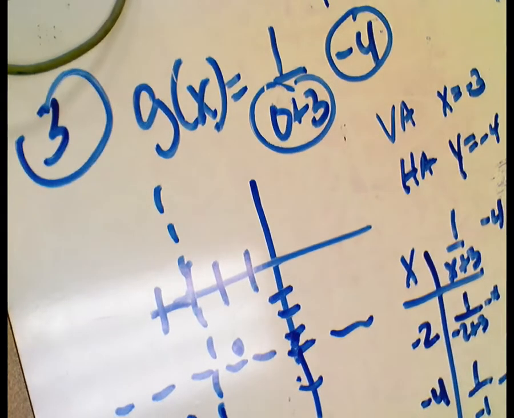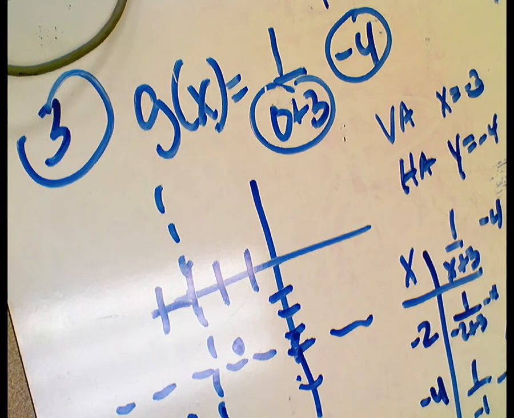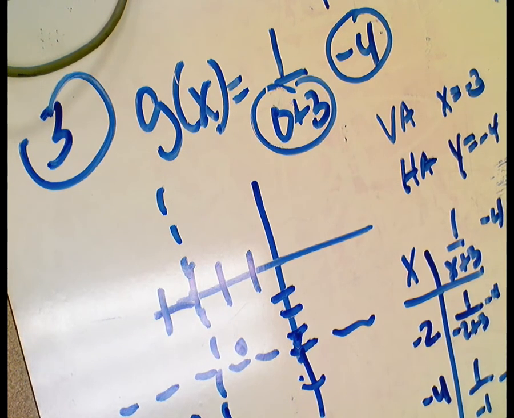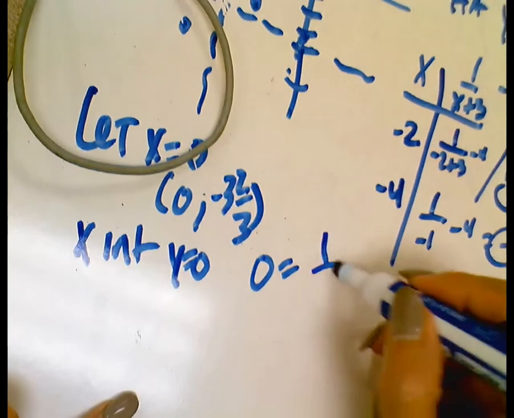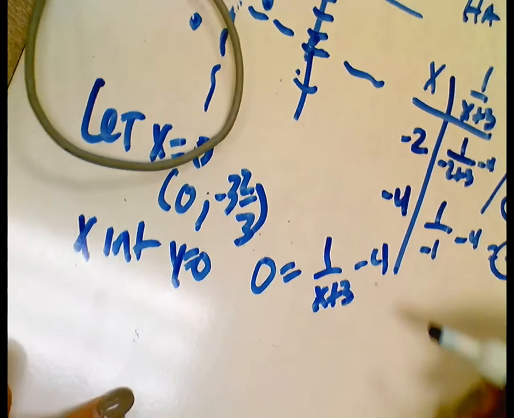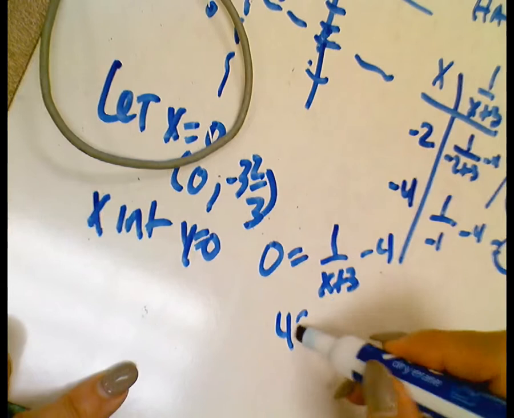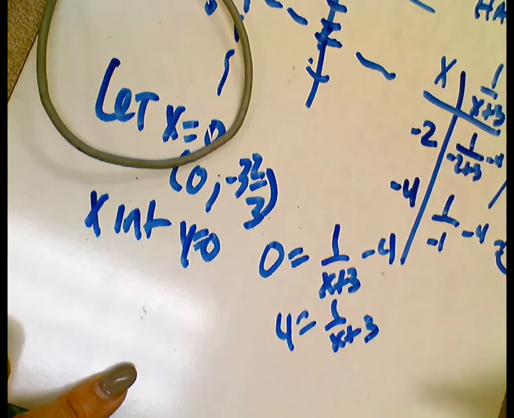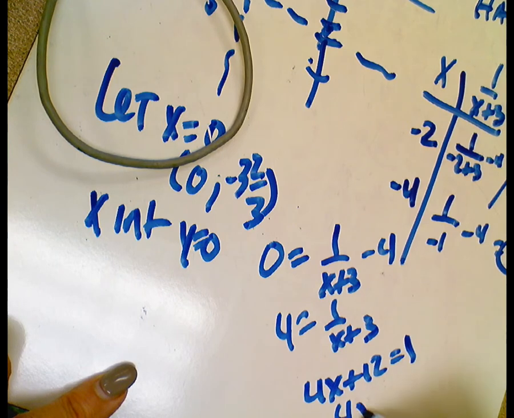And to find the x-intercept, sorry, you're going to let y equal 0. So if you let y equal 0, you have this. Add 4 to this side. Cross multiply. And next is -11/4.